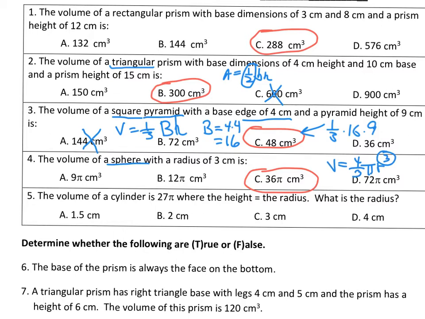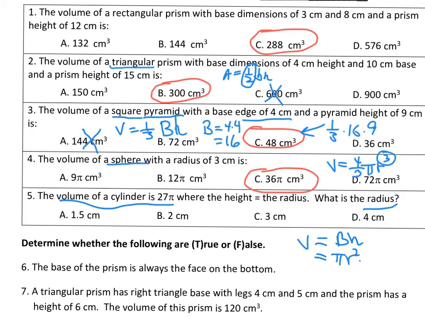For number 5, we have to work backwards. We're given the volume, but we have to find the radius, assuming that the height equals the radius. So if volume equals area of the base times the height, then the area of the base for the cylinder is pi r squared.